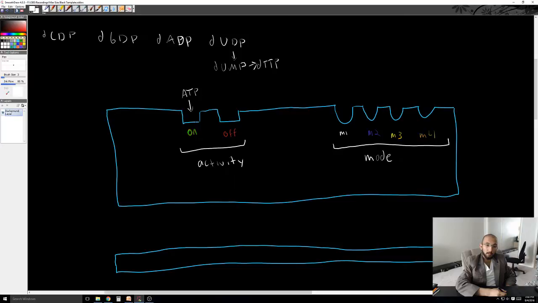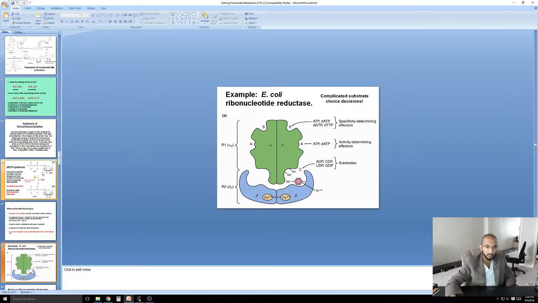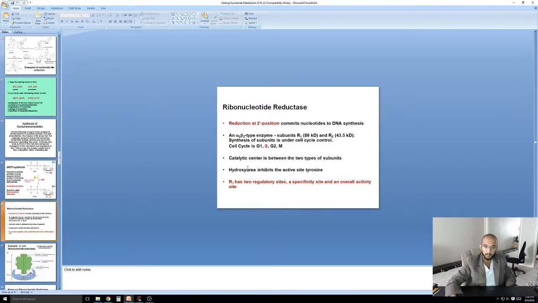So we know that this is under cell cycle control, and you have the growth phases, and you have mitosis and all that, and there is S phase, and S phase is the synthesis phase of regulation. I think he lists those here. Here they are. So you have growth phase 1, S phase, G2, and M.